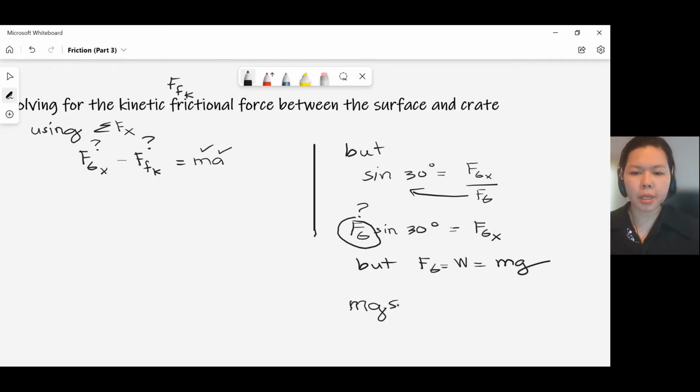Copy the rest, sine 30 degrees equals Fgx.